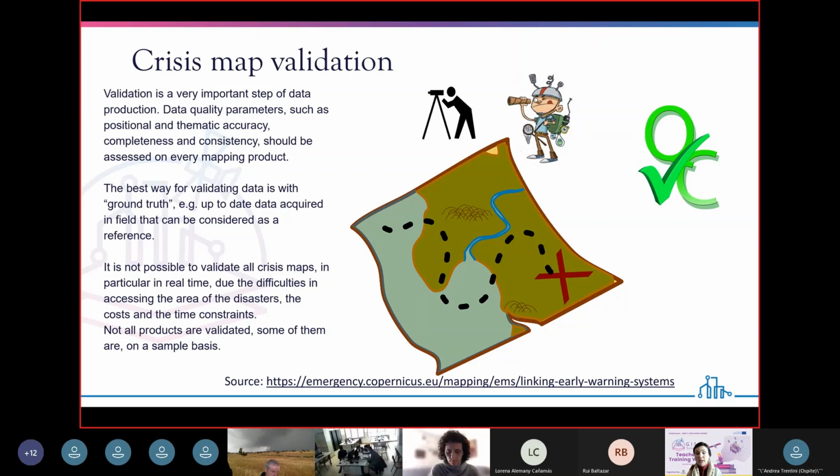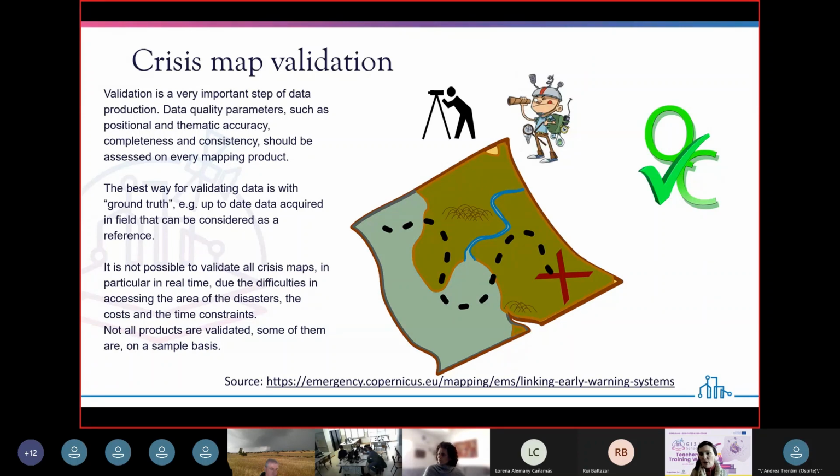And on the opposite, if there are parts that are flooded or burnt which are not marked as such in the map. But this would require sending a team in the field during the emergency, when the emergency activities are on, and so this is not feasible in the majority of cases.